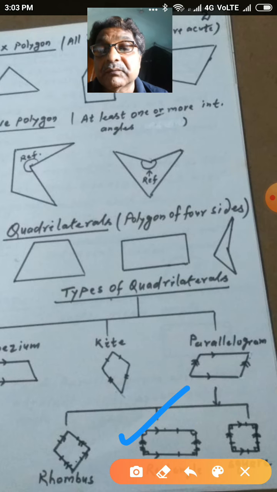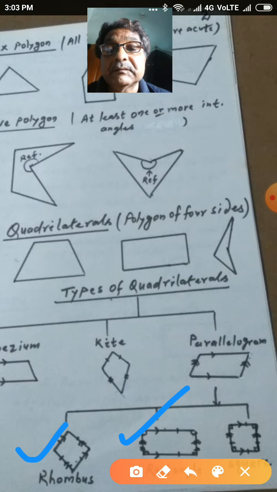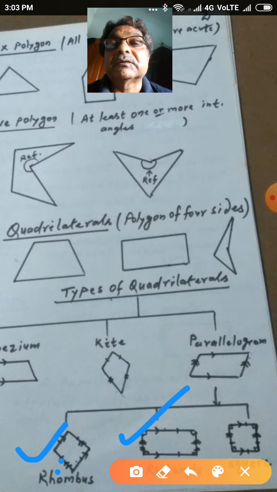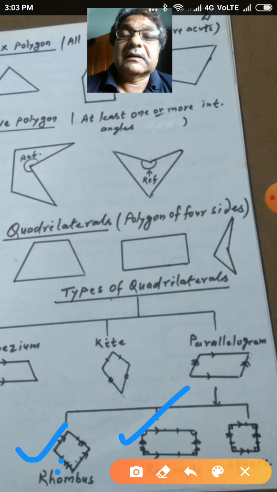As in the case of rhombus, its additional property, meaning besides the parallelogram properties, since it is already a parallelogram, is that any two adjacent sides are equal. Similarly in rectangle, its additional property is that each angle is 90.